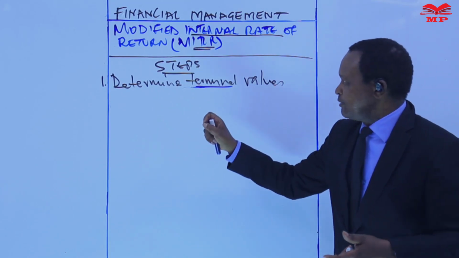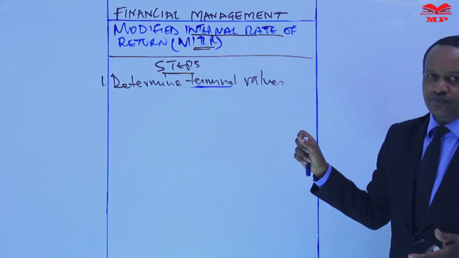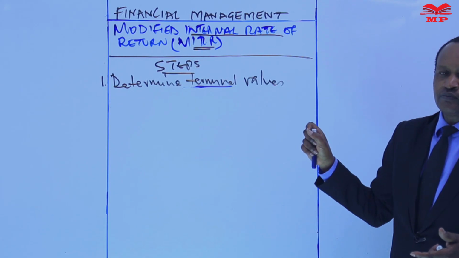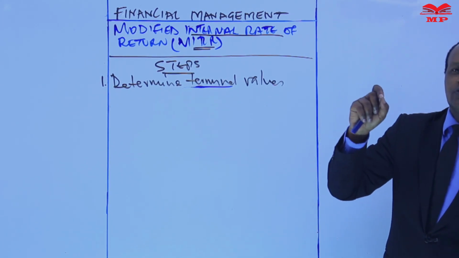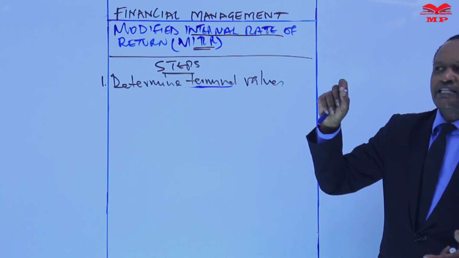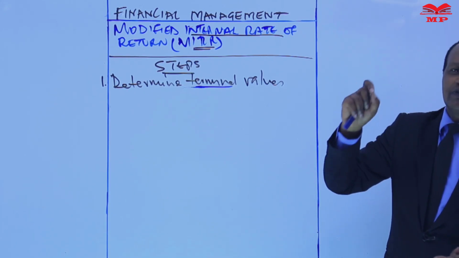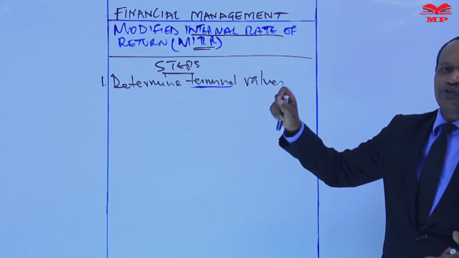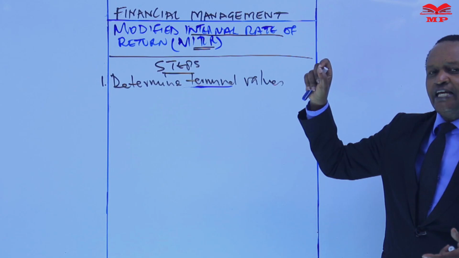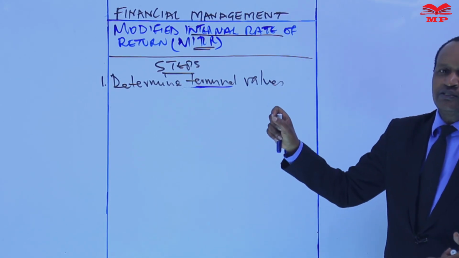And how do you determine terminal values? We use the cost of capital as the discounting rate, or interest rate.